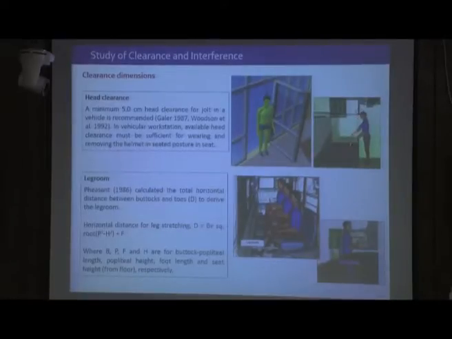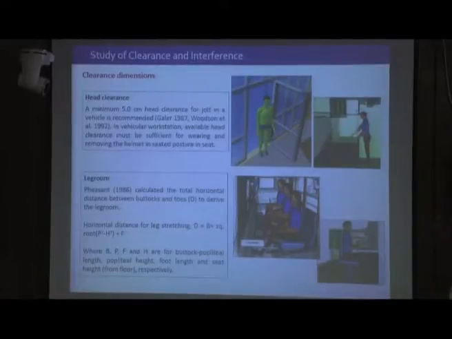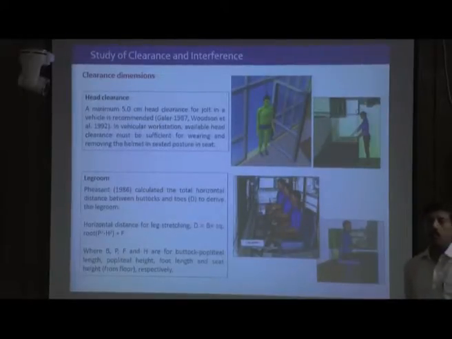In this particular workstation, we can find that the overhead storage racks are not positioned properly because they may collide with the head. It may be acceptable for a shorter mannequin, 5th or 50th percentile, but not for the 90th percentile. So when we evaluate this type of clearance dimension, we have to evaluate with larger body dimensions.